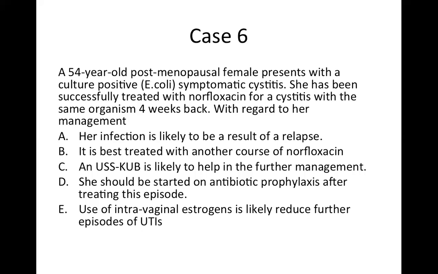C, an ultrasound scan KUB is likely to help in the further management. D, she should be started on antibiotic prophylaxis after treating this episode. E, use of intravaginal estrogens is likely to reduce further episodes of urinary tract infections.